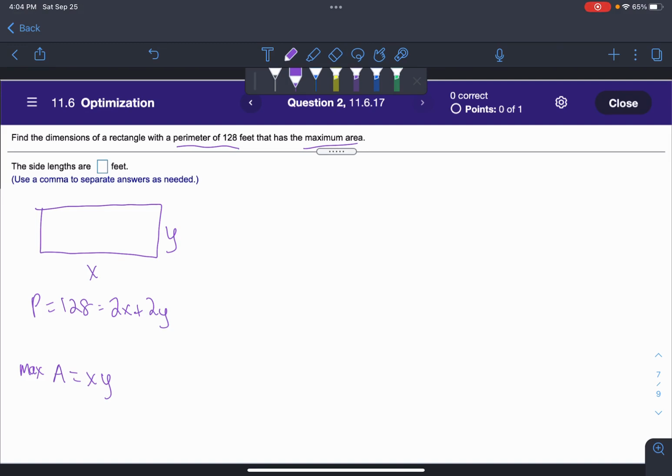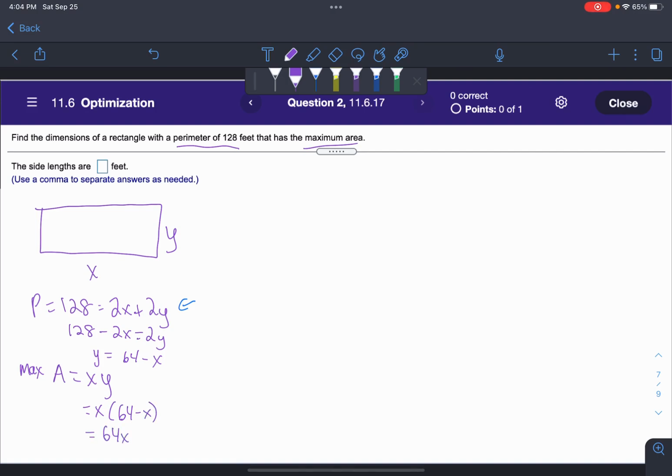So again, I'm going to take the derivative of A, but before I do that, A needs to be in terms of one variable. So let's use our perimeter equation to solve for y. If I move 2x to the other side, and then divide both sides by 2, I get 64 minus x is equal to y. So let's plug that into my area, and I get 64 minus x times x.